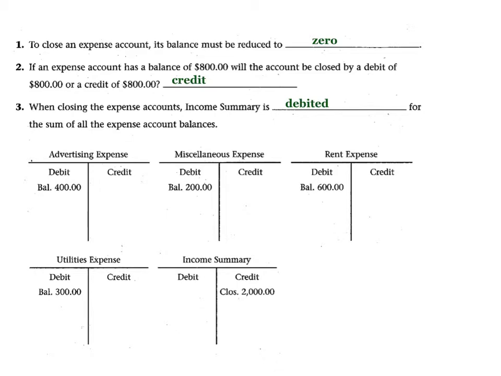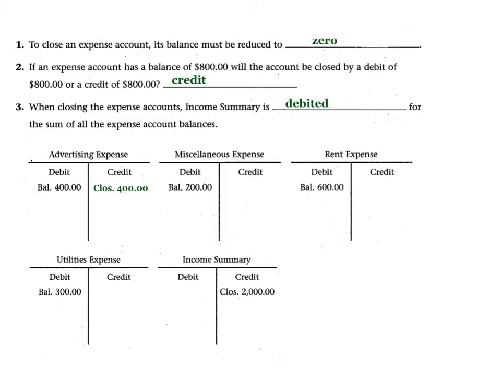And now here's where we're going to look at some compound transactions. So if we look at these T accounts, we have the advertising expense with a balance of $400 in the debit side because it's an expense. Expenses have a normal balance on the debit side.